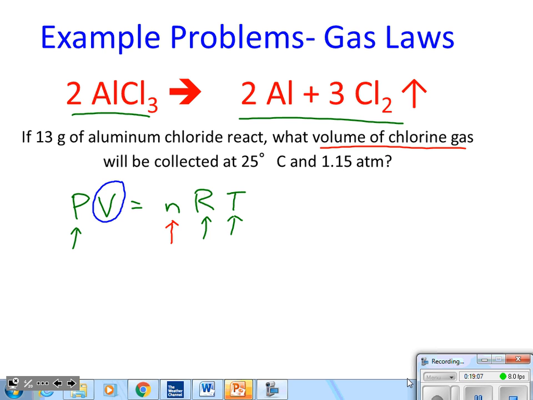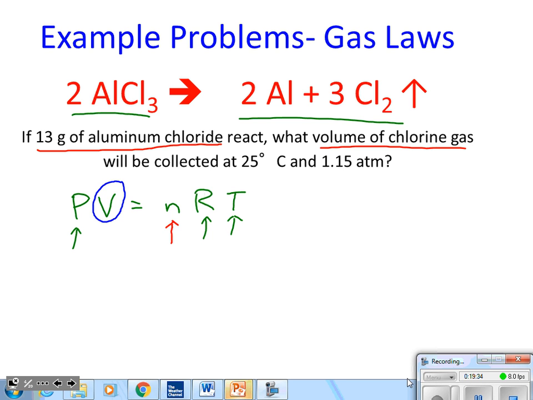Yes, I can. How am I going to do it? I have to convert 13 grams of aluminum chloride to moles of chlorine gas.